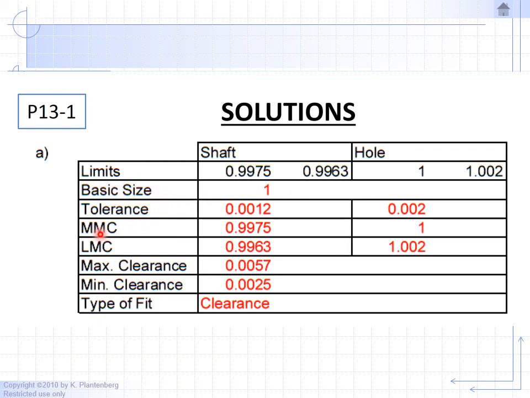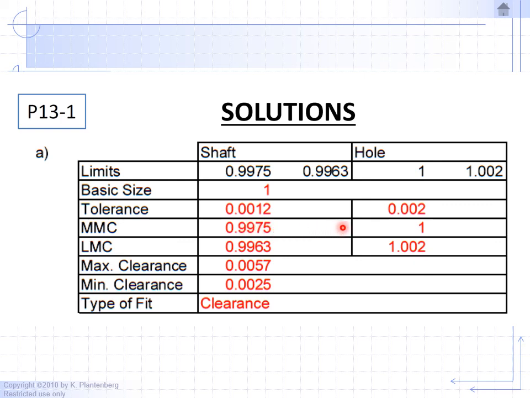All right, for maximum material condition. If we look at the shaft, maximum material condition is when it's at its heaviest. That's when we have the largest diameter. So the larger diameter shaft allowed is heavier than the smaller diameter. So our MMC, maximum material condition, is at 0.9975 inches in diameter.